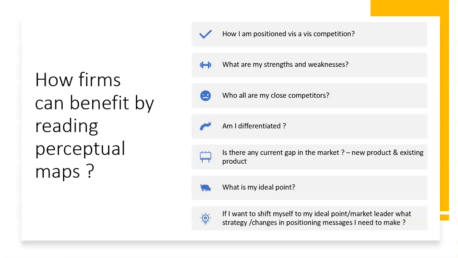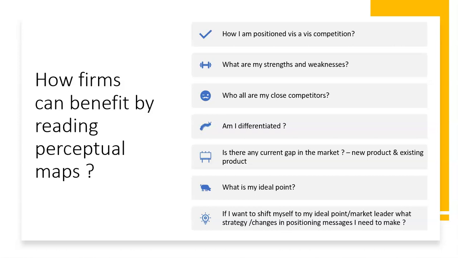So this map will help in answering questions like how I am positioned vis-a-vis competition, what are my strengths and weaknesses, who all are my close competitors, am I differentiated, is there any current gap in the market, whether there is a gap where I can put my new product, or if I'm an existing product, where can I go?